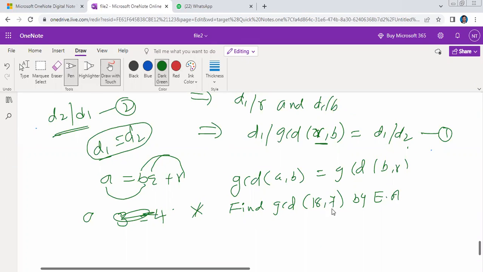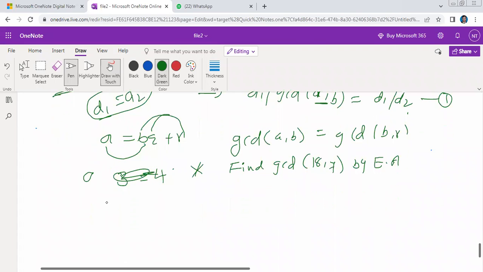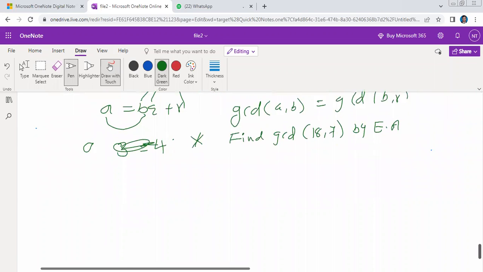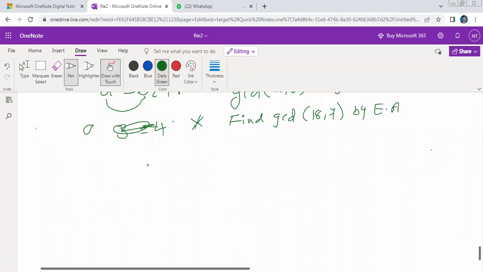Normally, what is the answer? The answer is 1. By using the Euclidean algorithm, you have to get the answer according to the statement told earlier, using the relation A is equal to BQ plus R.